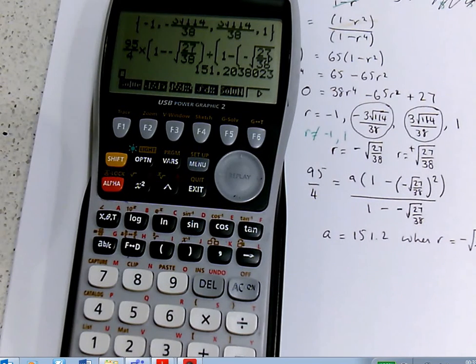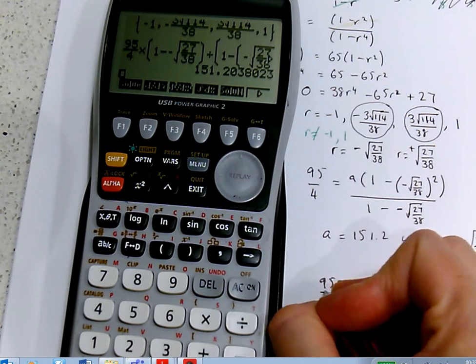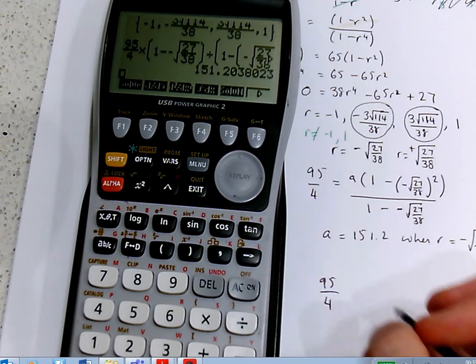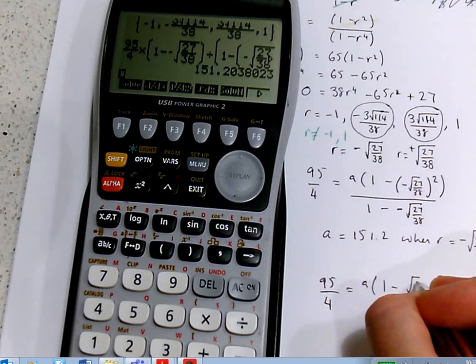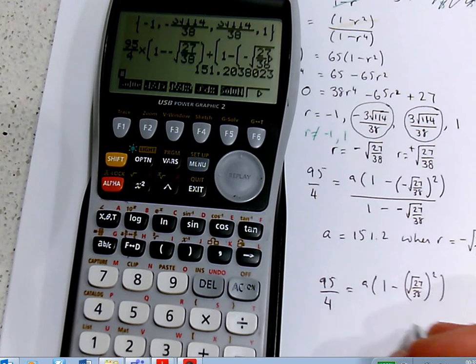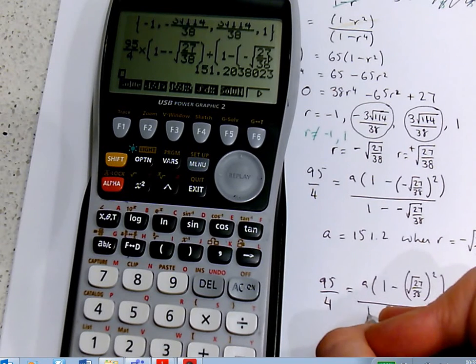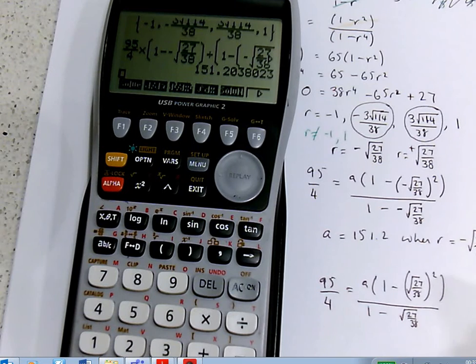And we do exactly the same, but using positive root 27 over 38. So we'll try this one. 95 over 4 is going to equal a times (1 - (root 27 over 38)^2), which we know would just get rid of the square root, over 1 - root 27 over 38. So we do the same thing, 95 quarters multiplied by the denominator divided by this bracket here.